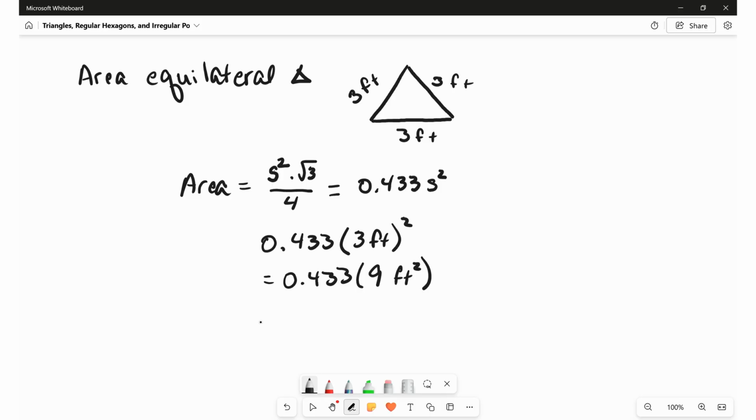And when we multiply this out, we get that the area is approximately 3.9 feet squared. And that is the formula that you will use for all of your equilateral triangles.